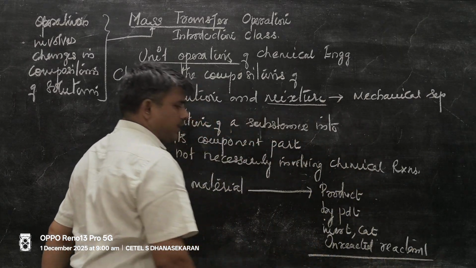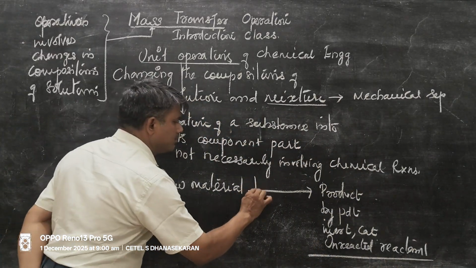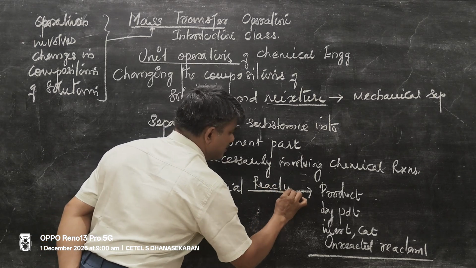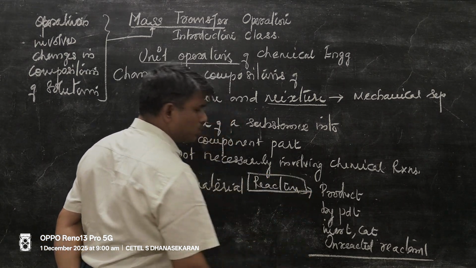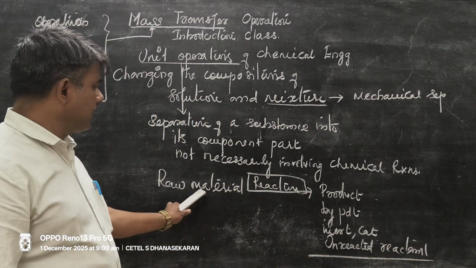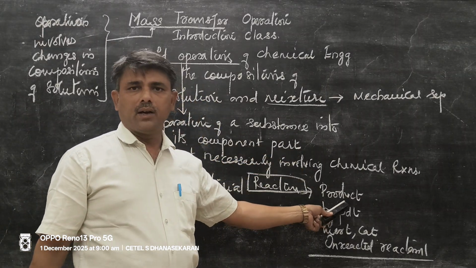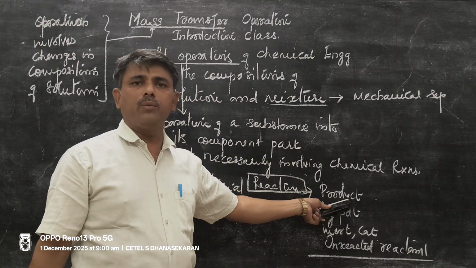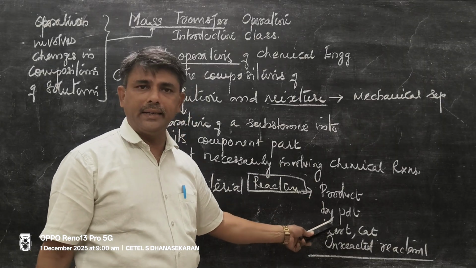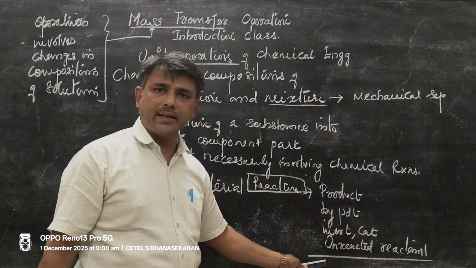What I am trying to say is, in chemistry this is called a reaction. Through some reaction, the reactant or raw material is converted into useful product. Along with this useful product, there will be a formation of byproduct, inert, catalyst and unreacted reactant.